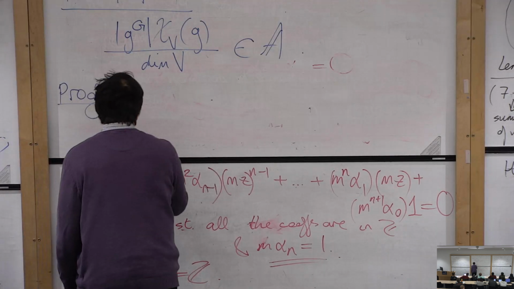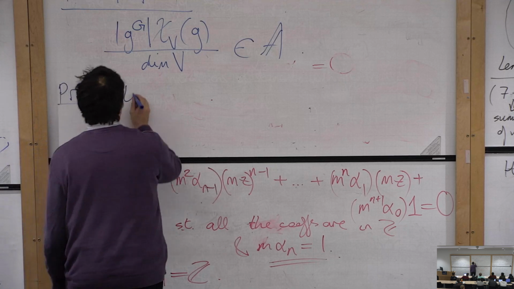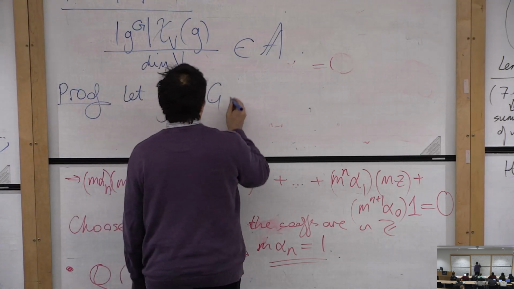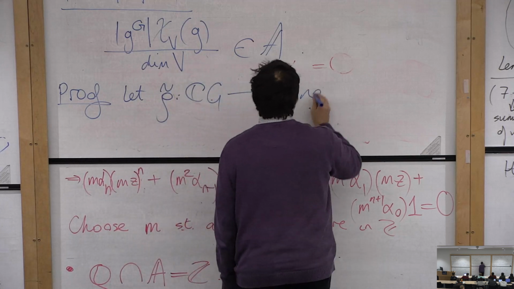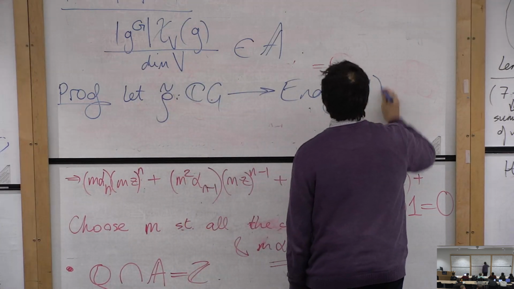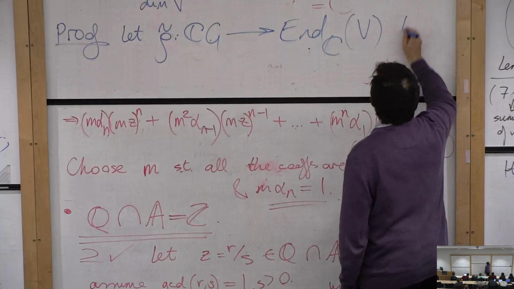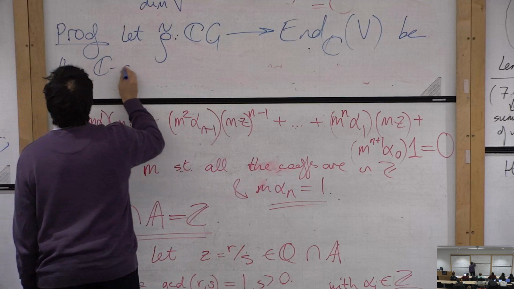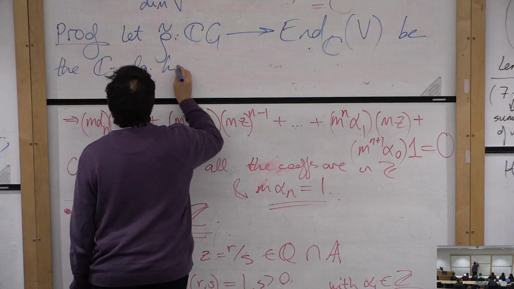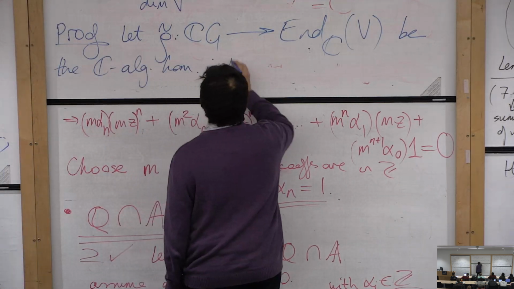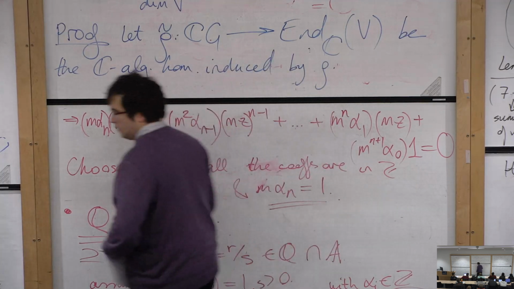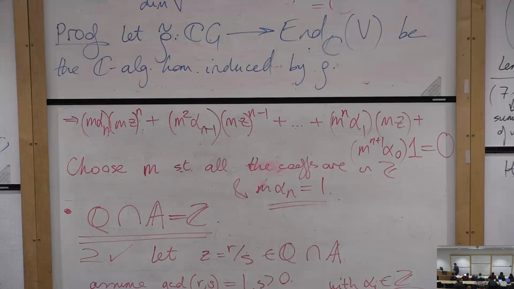Well, you look at the action of the group ring, then rho tilde, I think, may have appeared somewhere on the sheets. The C algebra homomorphism induced by rho. Just linearize the group homomorphism.